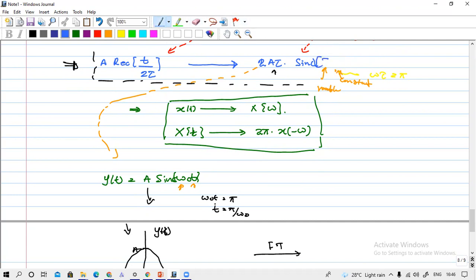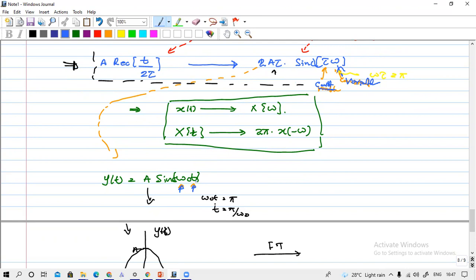Understand? You can see that this ω is a variable and this τ is the constant. And here t is the variable, ω₀ is the constant. So this ω₀ is identical to τ here, and this ω is identical to t here.